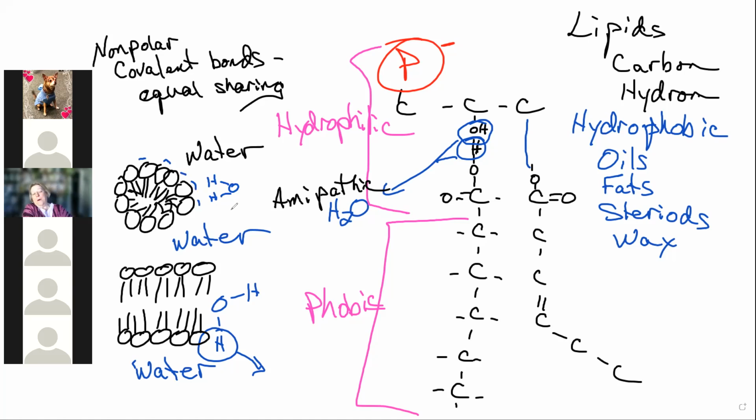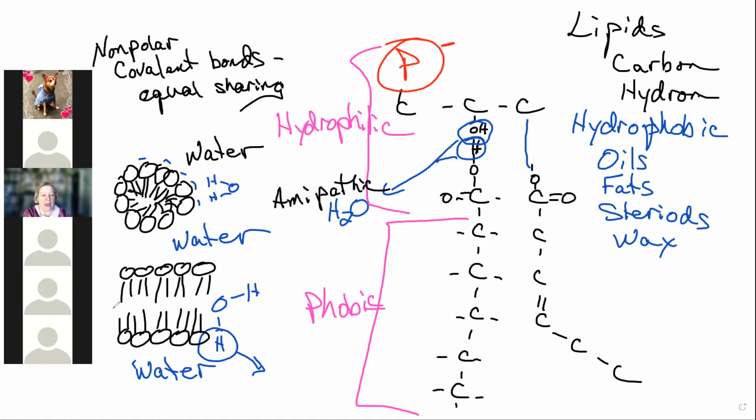And that makes them available to make other things? Yes. So it makes them available to make cell membranes. We're going to talk about cell membranes next week. But the whole point of a cell membrane is to keep the outside stuff out and the inside stuff in.